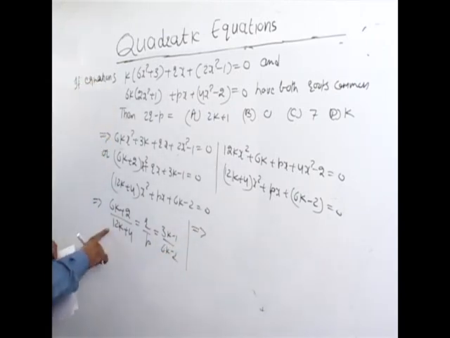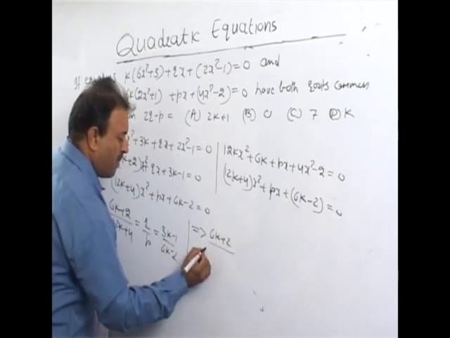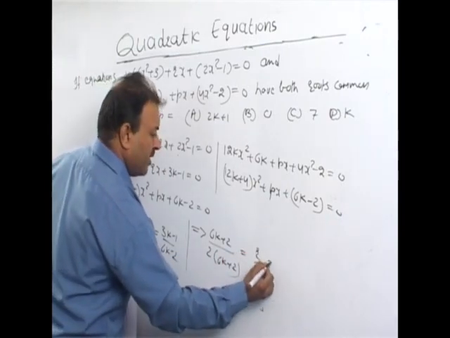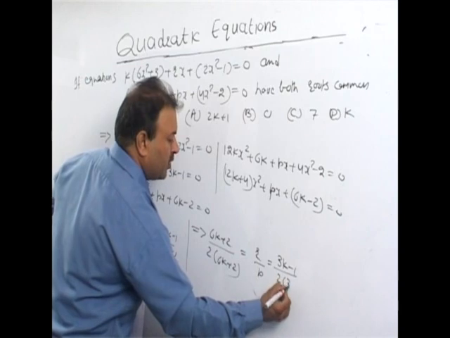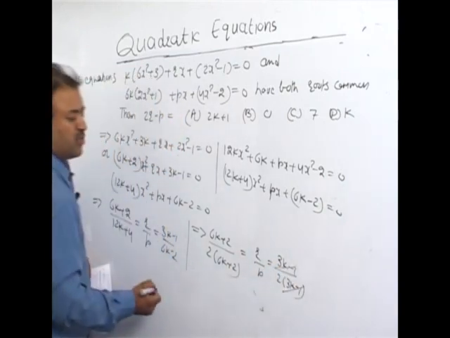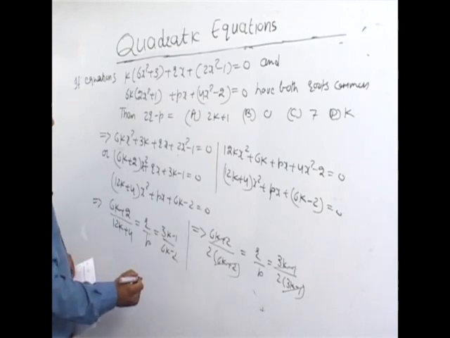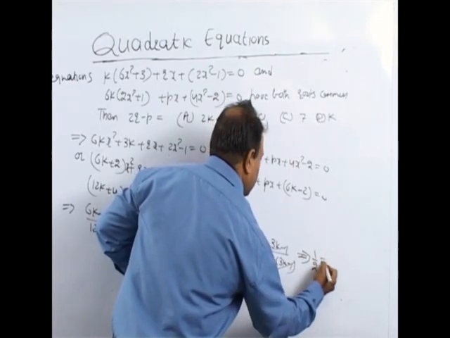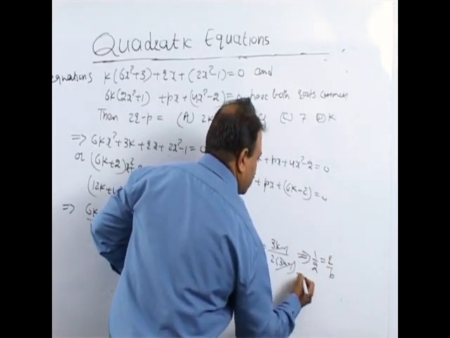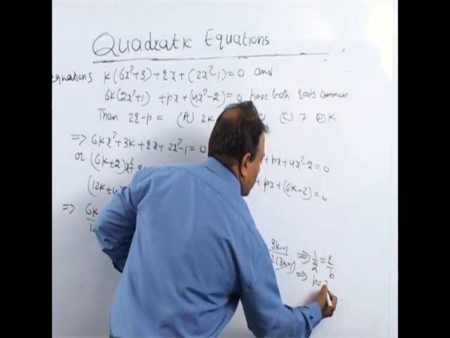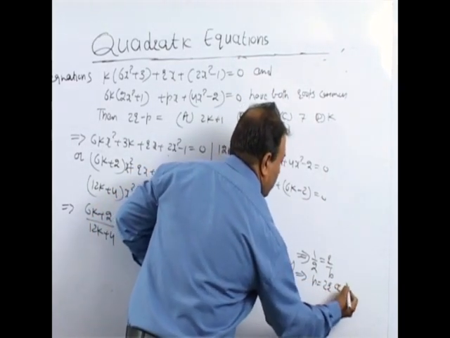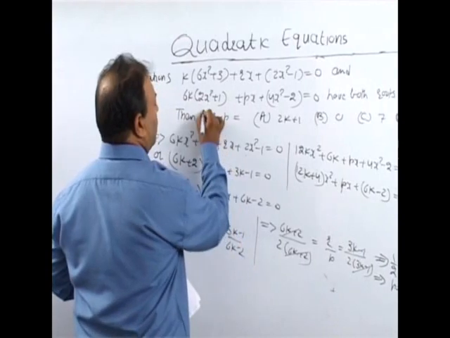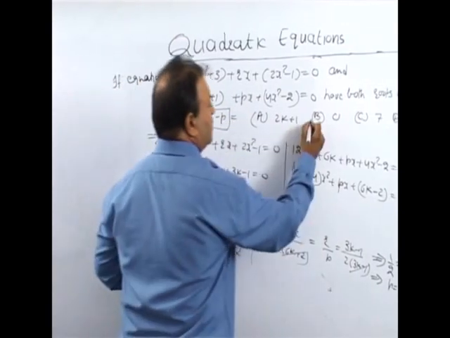That is, the next step is 6k plus 2 upon 2 times (6k plus 2) is equal to r upon p, 3k minus 1 upon 2 times (3k minus 1). The 3k minus 1 will cancel out, and 6k plus 2 will cancel out. We are left with 1 upon 2 is equal to r upon p. That is, I can say p is equal to 2r, or 2r minus p is equal to 0. So the value of 2r minus p has to be calculated, and that is this one. So the right option is B option.